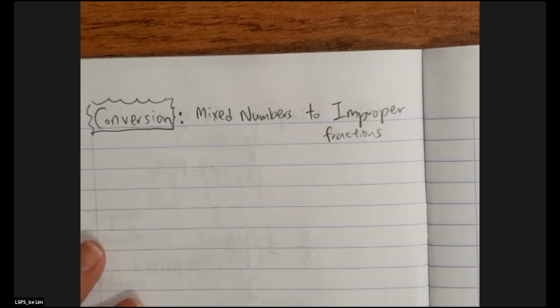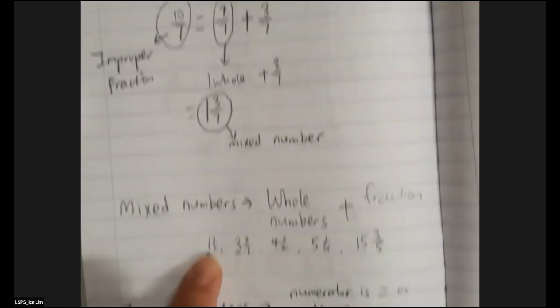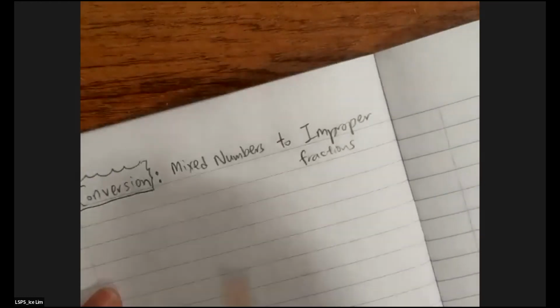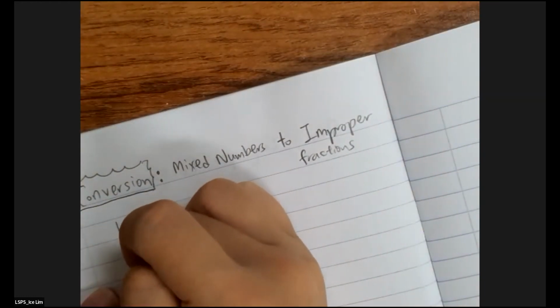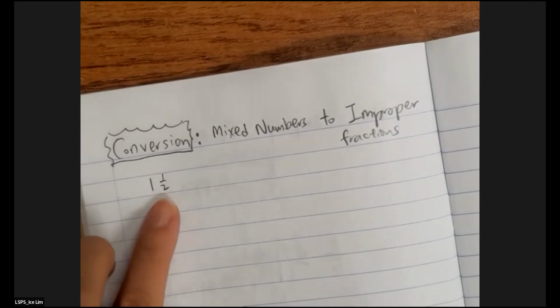Is that okay? Okay, start with the first example. This was the first example here, 1 1/2. The first one is a mixed number. What does this mean?